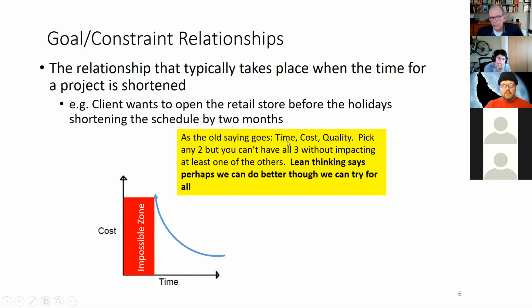I've kind of taught you, well, you know what? If we're short of time and we got to make it up, it's going to cost more, right? Well, Lean is all about maybe we can balance them, that we can actually give the value that the client wants. They want it at this time. They want it at this cost. They want it at this quality. Let's try to deliver the projects that meet them that way.